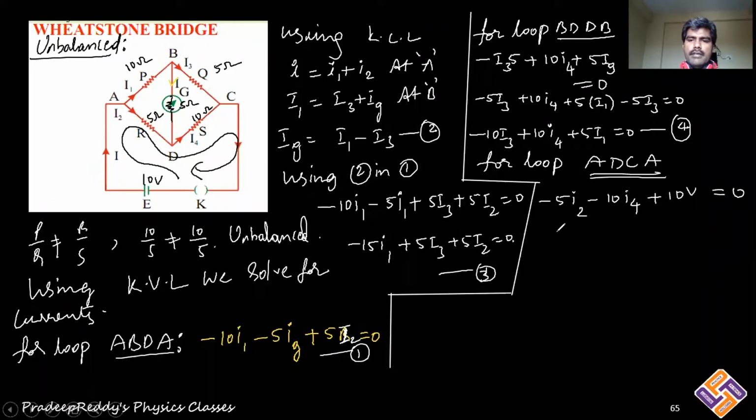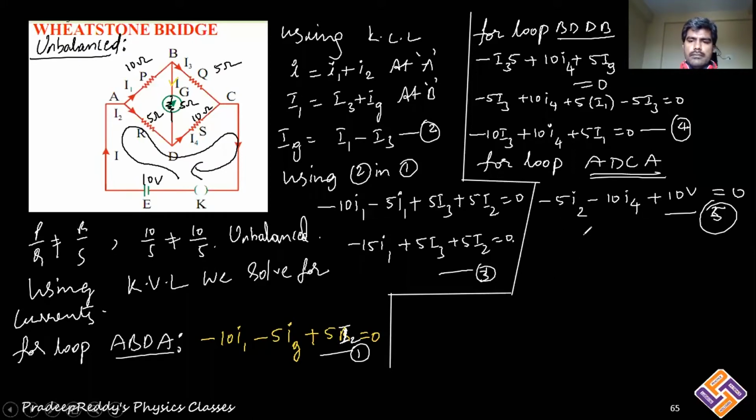Right? So this gives you minus 5 I2 minus 10 I4 plus 10 volt is equal to 0. You have got one more equation, number 5. Right? So we have equations number 3, number 4 and number 5. So three unknowns are there. We have got three equations here.